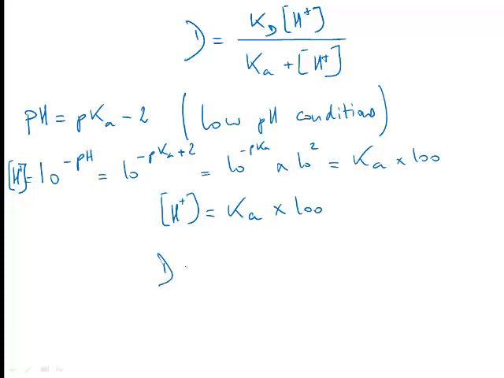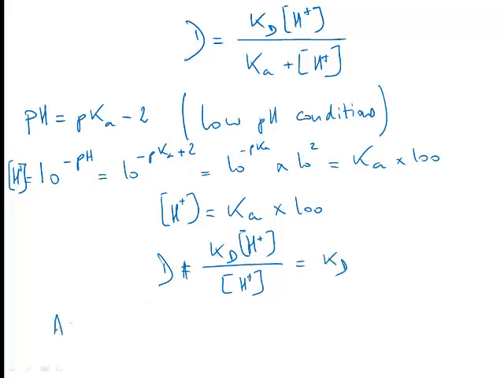So we can rewrite or simplify D as saying that D is roughly equal to Kd H+ over H+, so it is equal to Kd.